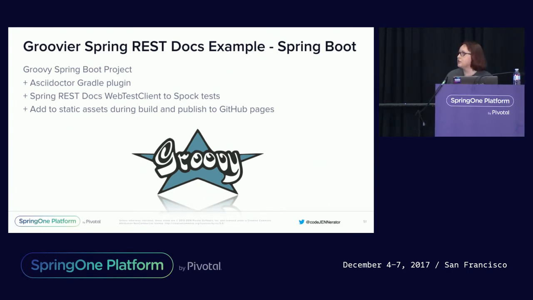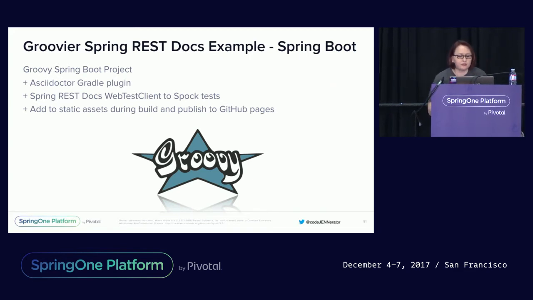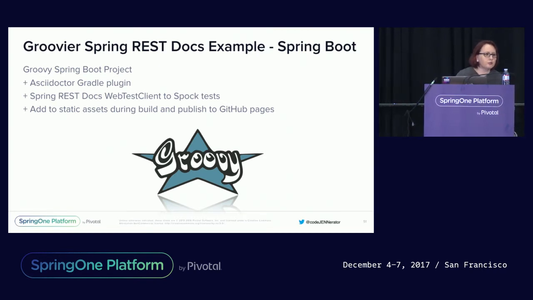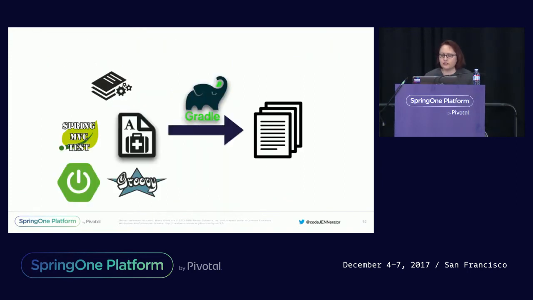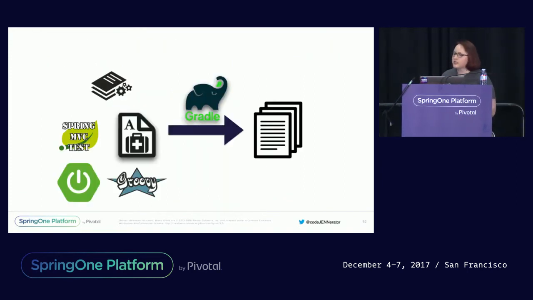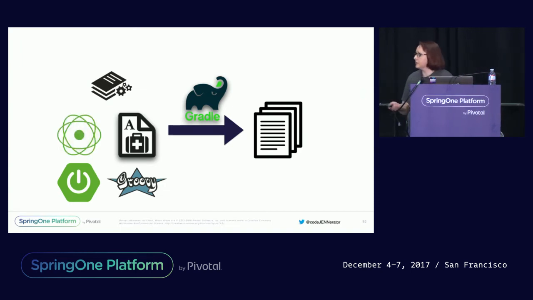It is updated. It's using the new WebTestClient in Spock tests, which I don't know if you've seen here yet at this conference. And then I'm going to publish these docs to GitHub Pages. Okay. And so all of this is kind of going to work together. But of course, it's not Spring MVC anymore. We're now going to make it using the Reactor stuff.